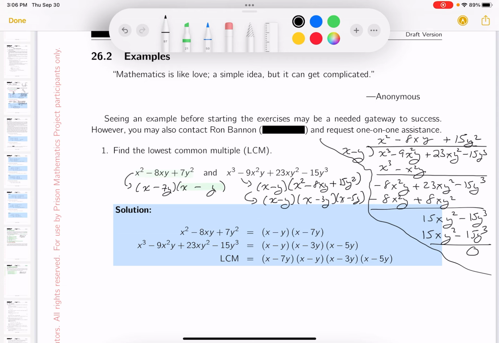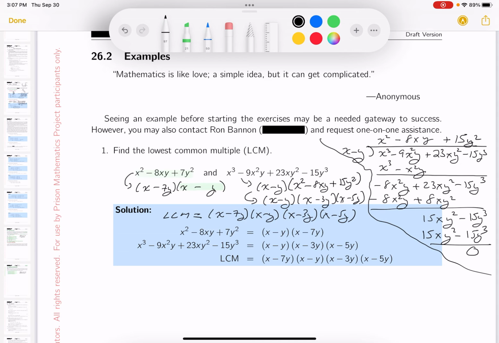Now, what's the LCM? The LCM must contain those factors. What factors do I see? x minus 7y, x minus y, x minus 3y, and x minus 5y. All right, now let's go through this again. It's the maximum number of times those factors occur in any one factorization.